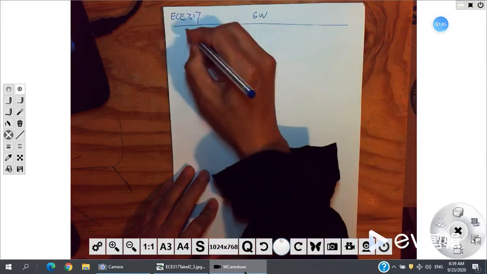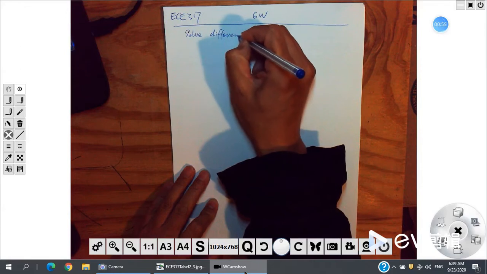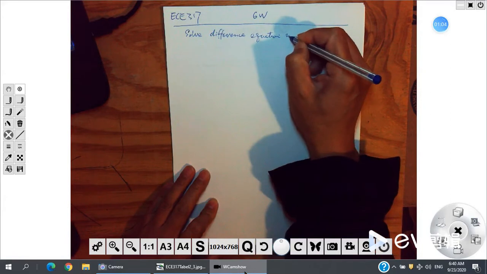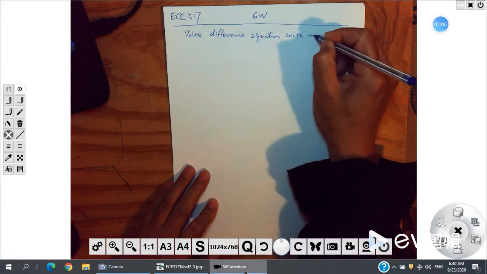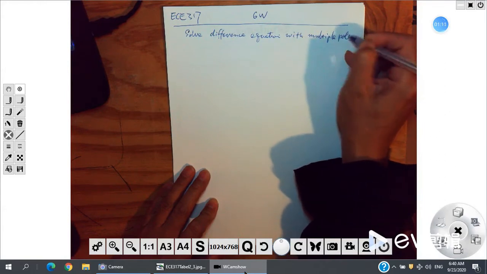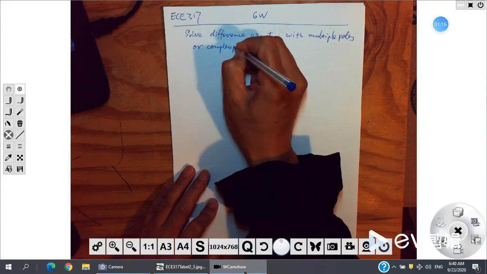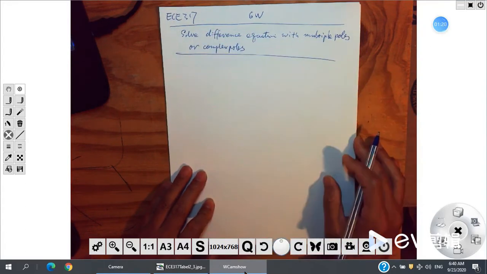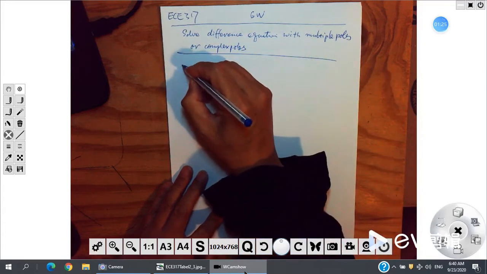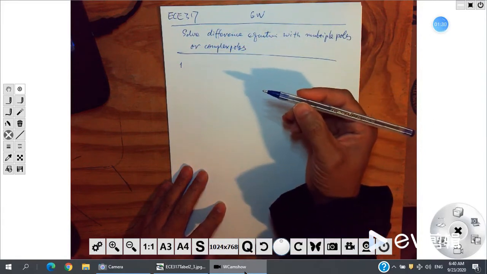We try to solve the difference equation with multiple poles or complex poles. Okay, first one for the multiple poles. I use an example to explain it.